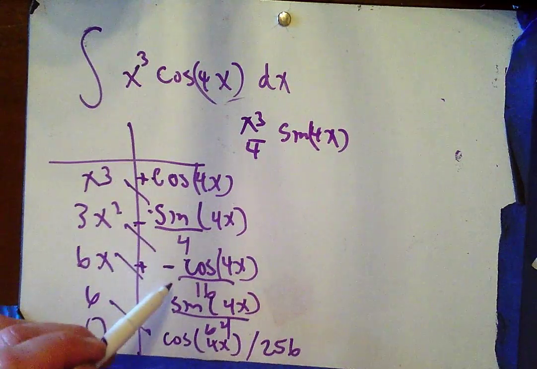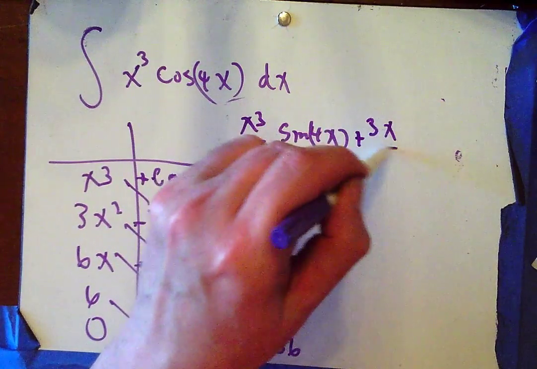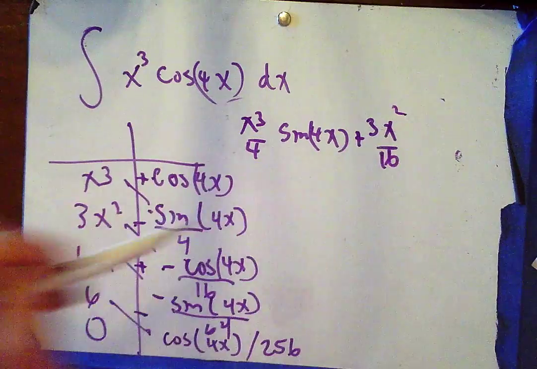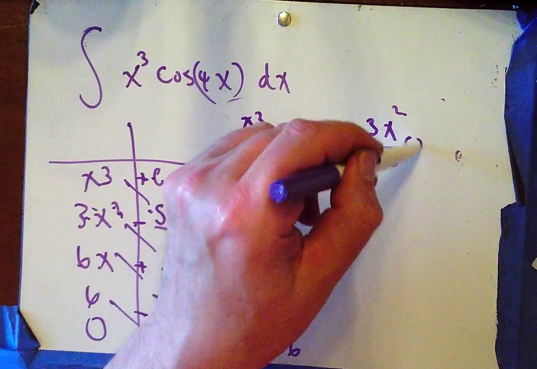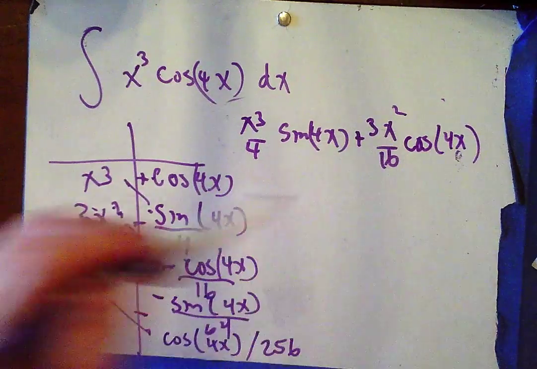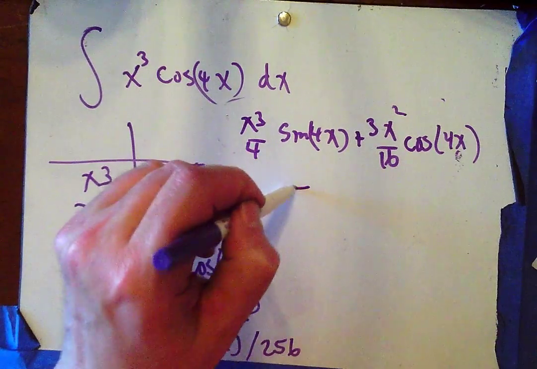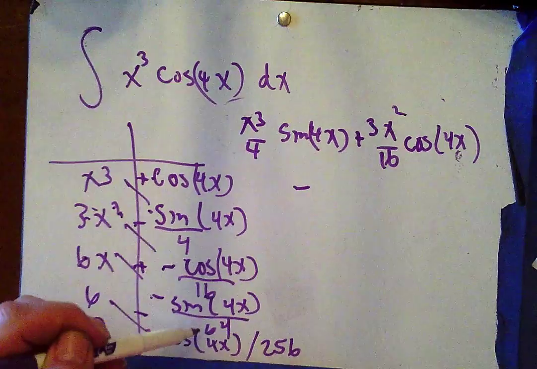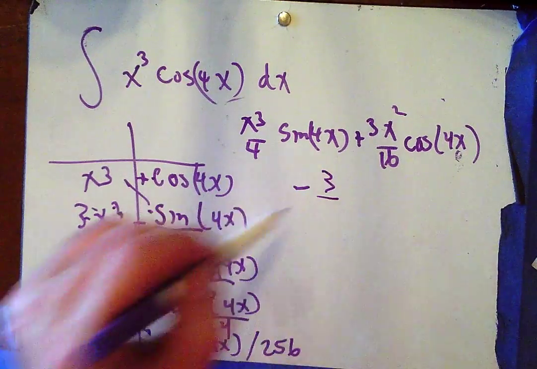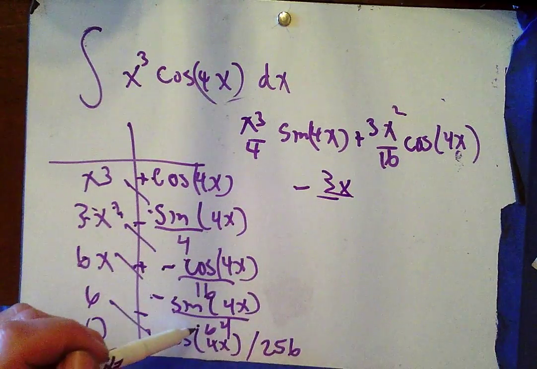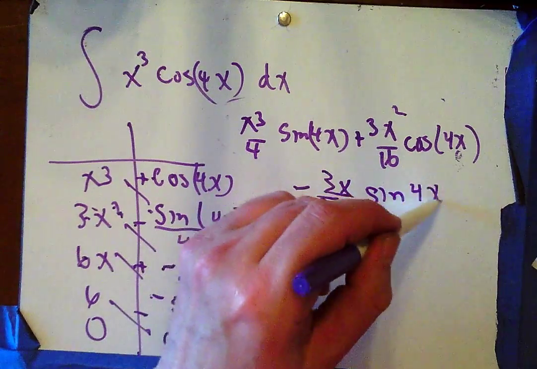And then here, a negative times a negative is a positive, 3x squared over 16 cosine 4x. And then here I have a positive times a negative, minus. I could take a 2 out of here and a 2 out of here, and that's going to give me 3x over 32 sine 4x.